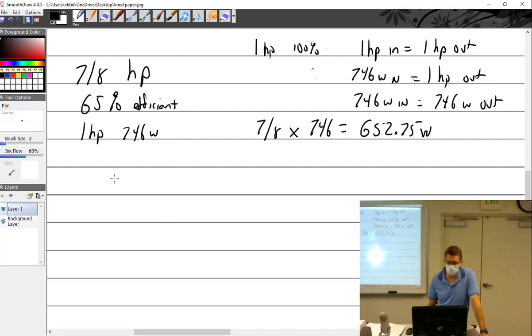What's the input? So again, a ratio. 652.75 watts is my output, right?